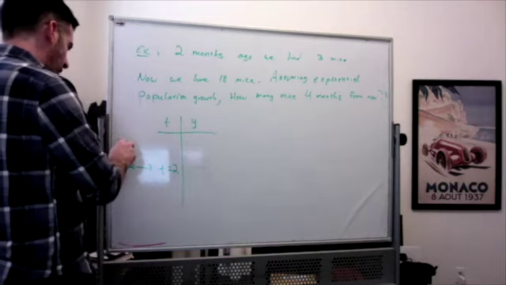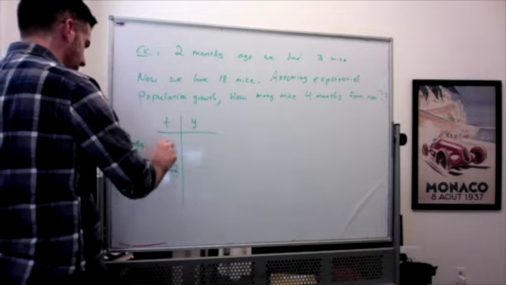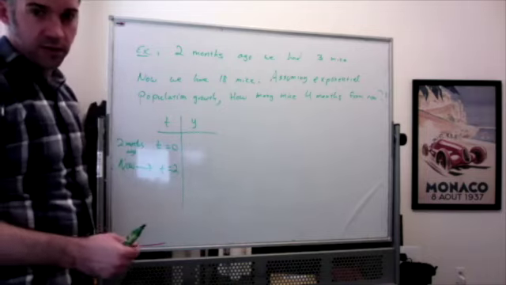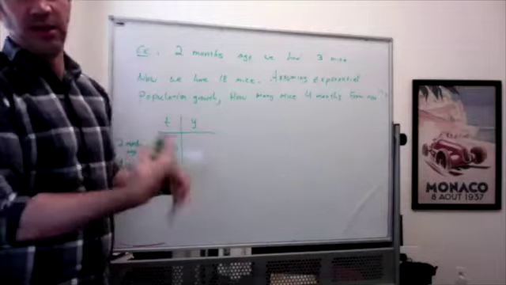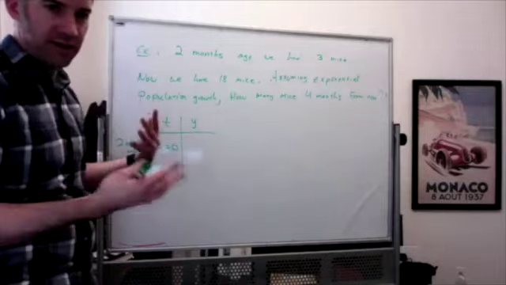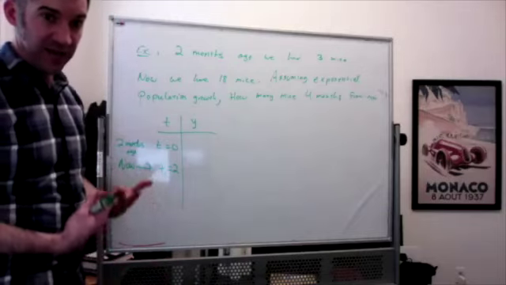And 2 months ago is going to be time equal to 0. You usually want your first known instance of something, of us having a known time, to be your 0 because it just makes everything easiest.